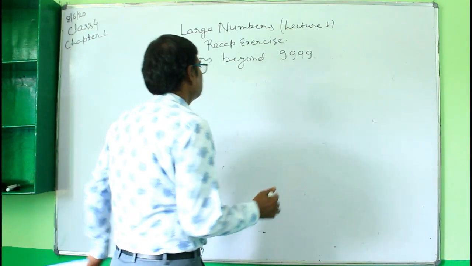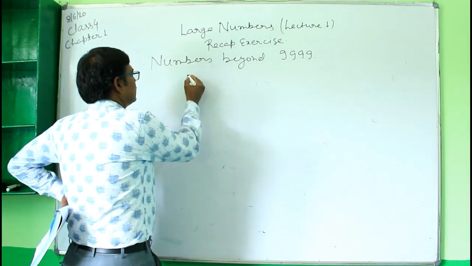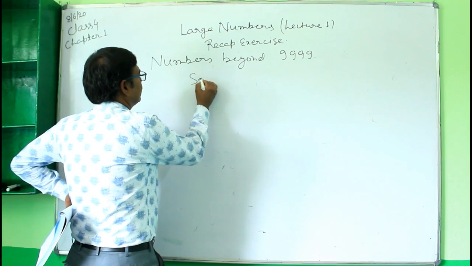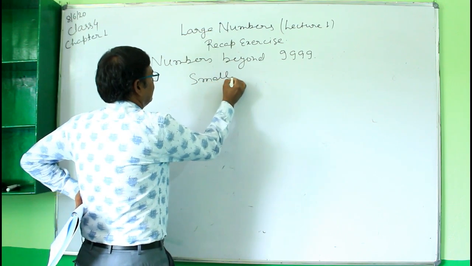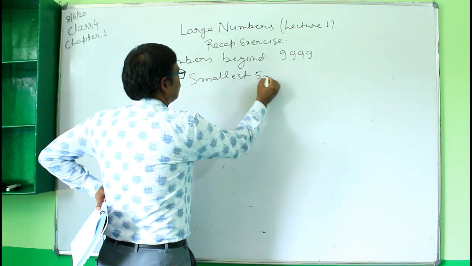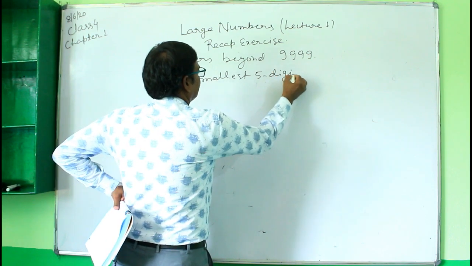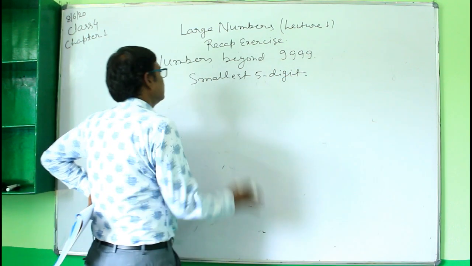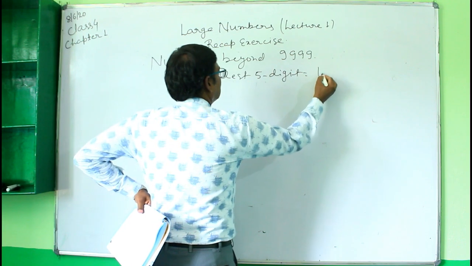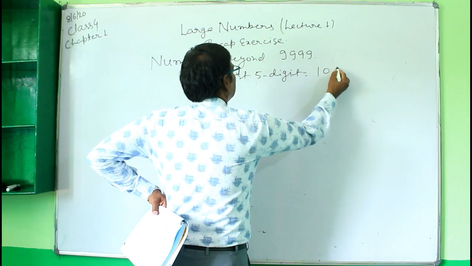Suppose the smallest 5 digit number. The smallest 5 digit number is this, that is 10,000.